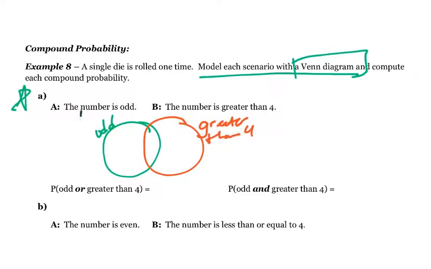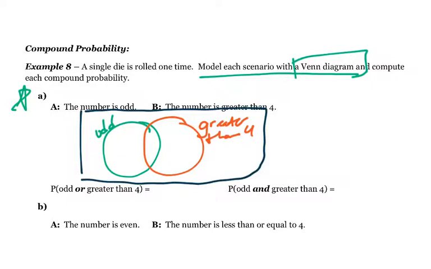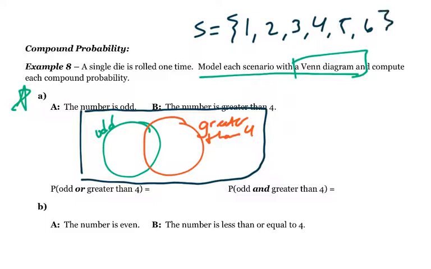And then remember, we have the universal set. So anything that does not fit into one of those circles would be in the universal set U, which is any number on the die that does not end up being odd or greater than 4 or both. So let's go one at a time. On a die, our sample space, I'll write up top, is S equals 1, 2, 3, 4, 5, and 6.